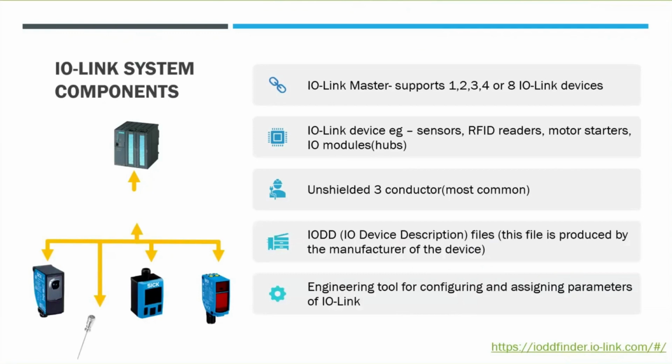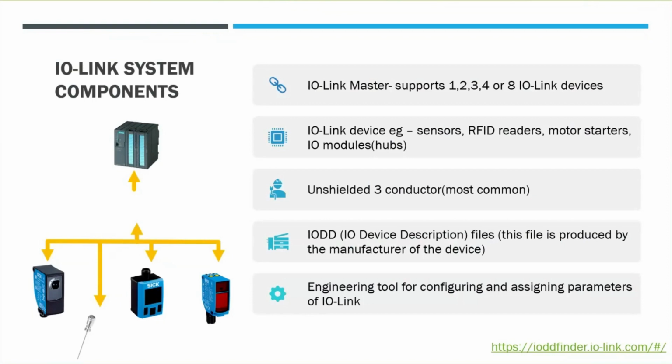And another misconception that IO-Link is just for basic sensors is not true. In reality, it can actually support different kinds of sensors, from RFID reader heads to motor starters and even passive hubs and even more. And all you basically need is a 3-wire unshielded cable for this communication.